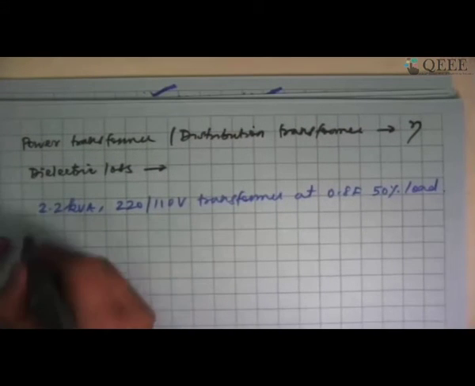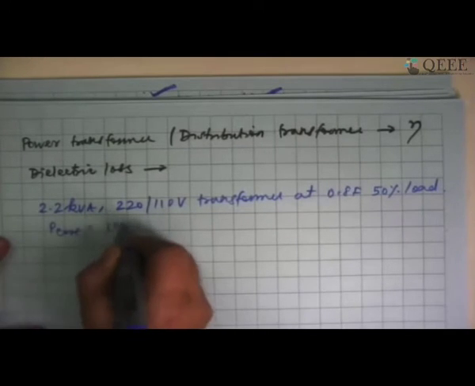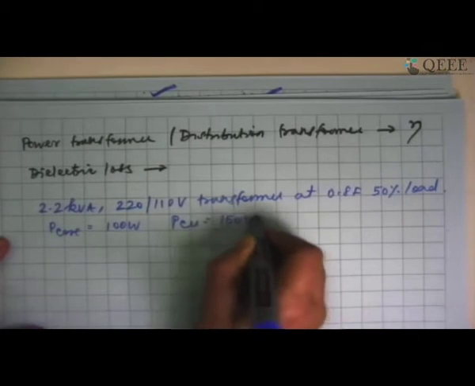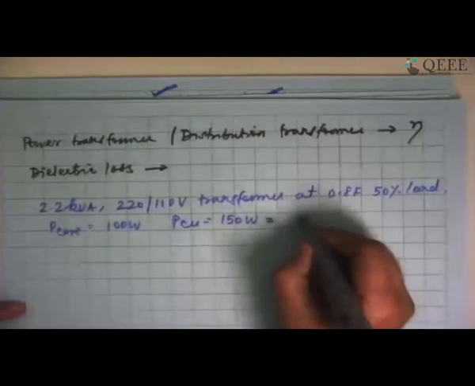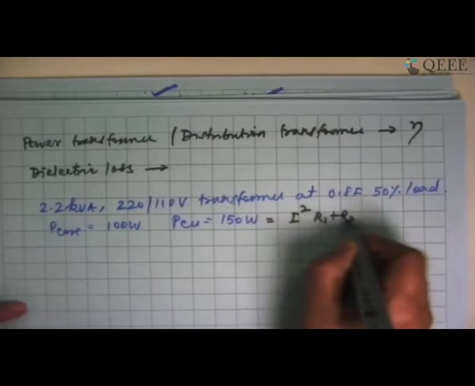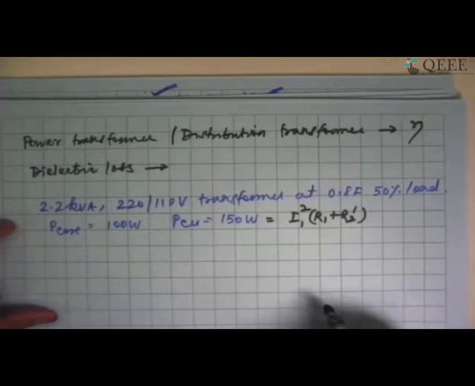Okay, and we had given the core loss to be 100 watts and copper loss to be 150 watts. The first thing I would like you guys to appreciate is that this 150 watts is I square R1 plus R2 dash. I may call this as I1 square multiplied by R1 plus R2 dash.